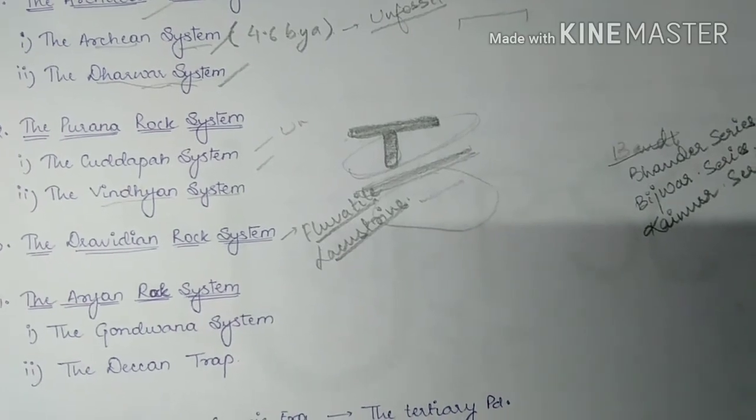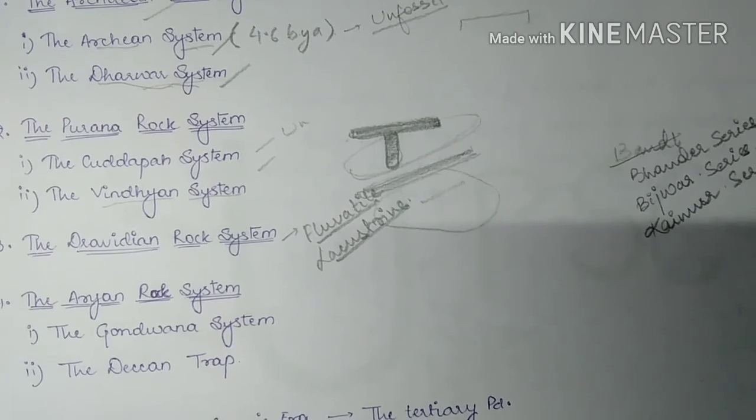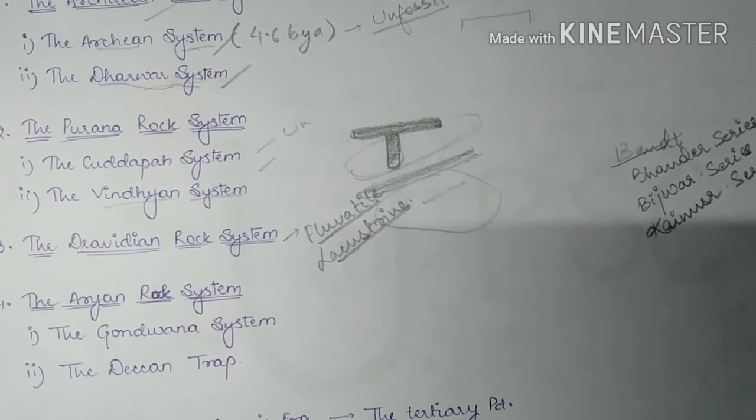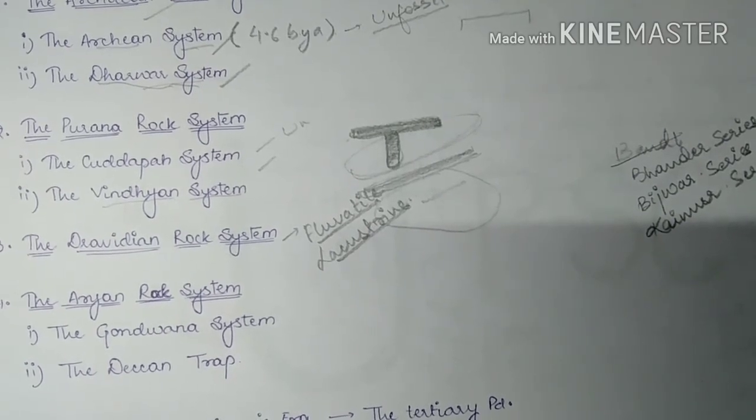Now during this period we have coal formation. In this formation, good quality coals of India, that is bituminous and anthracite coals, are occurring. Iron ore also occurs in Raniganj coal mine.